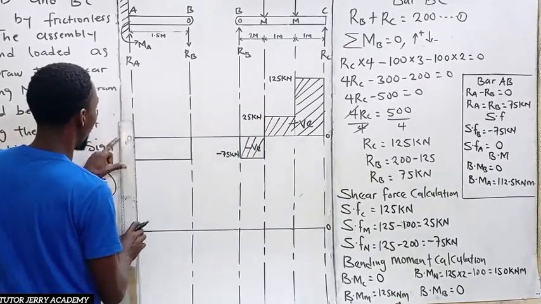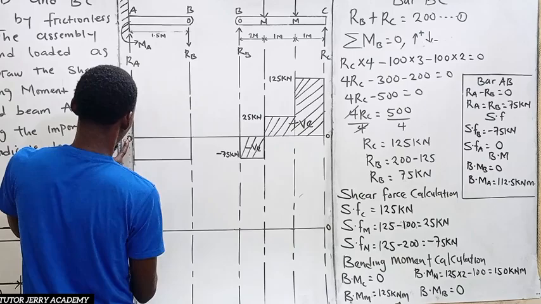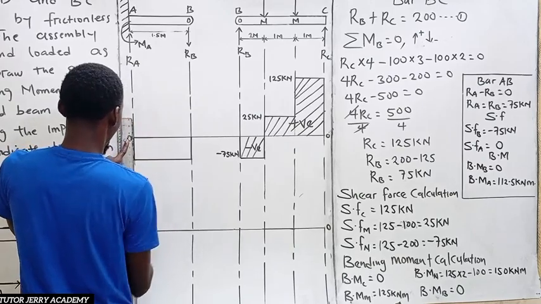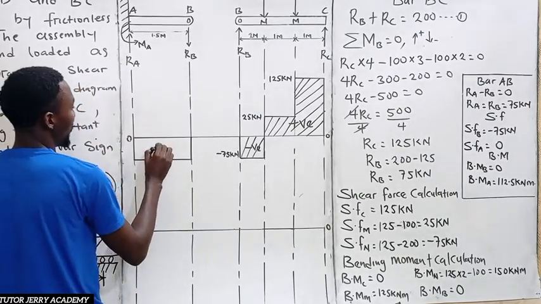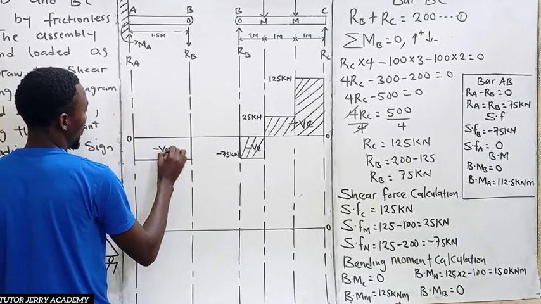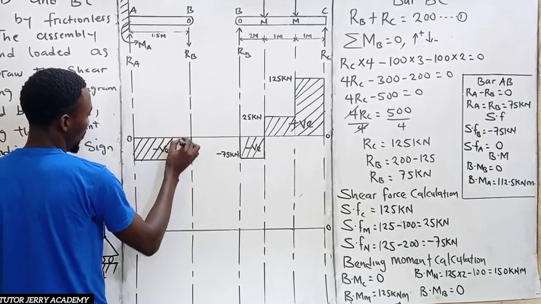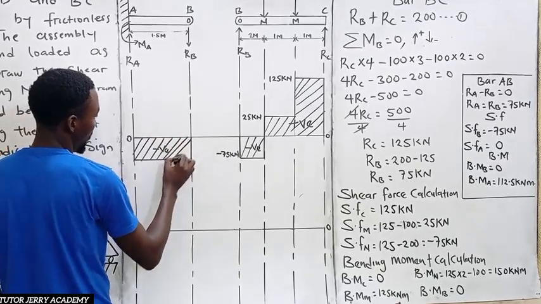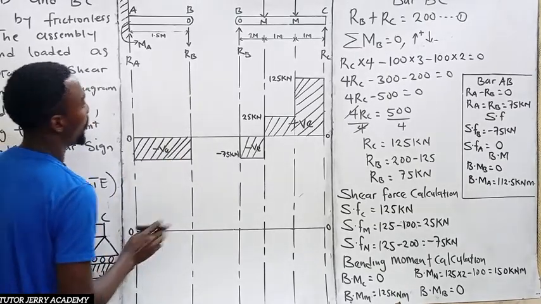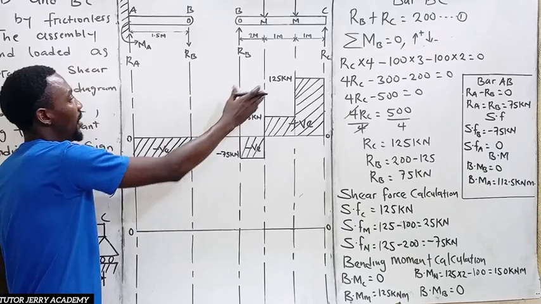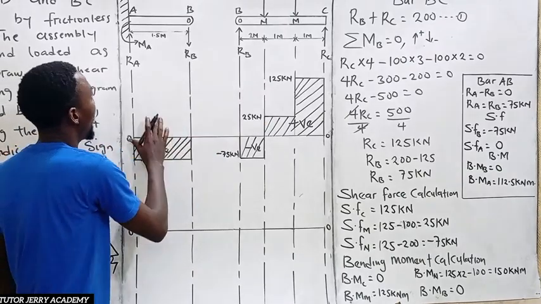So we are going to go back to 0. All right. So this is negative. So you can shade it as well. All right. So we are done with shear force for bar BC and bar AB.